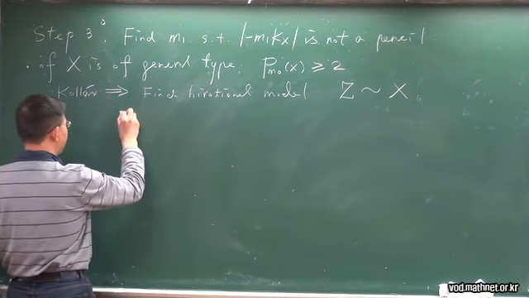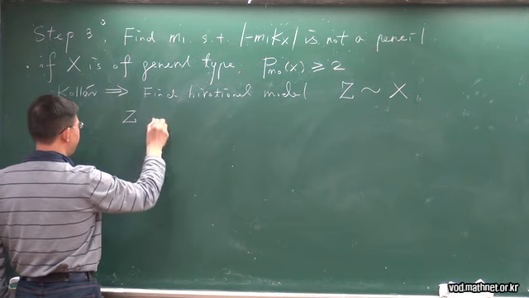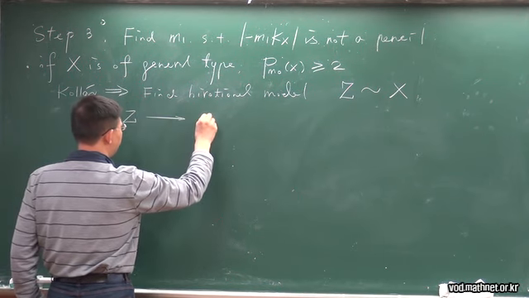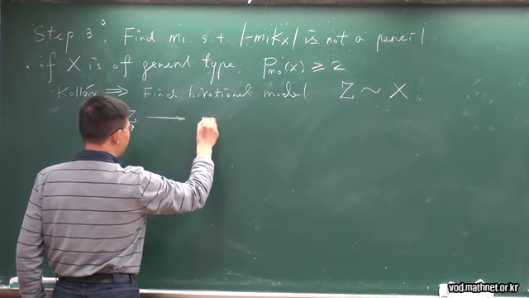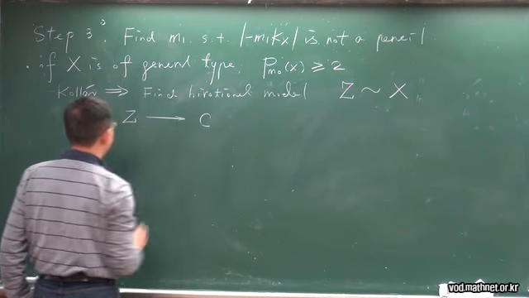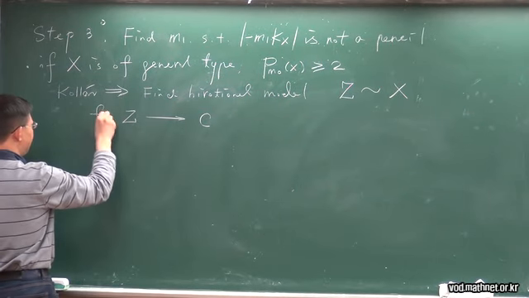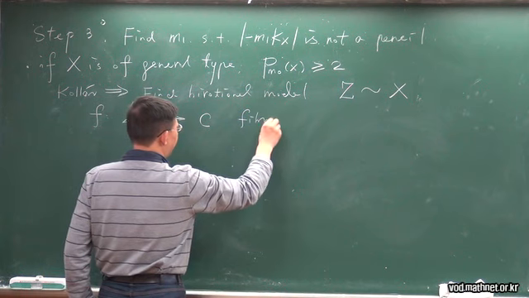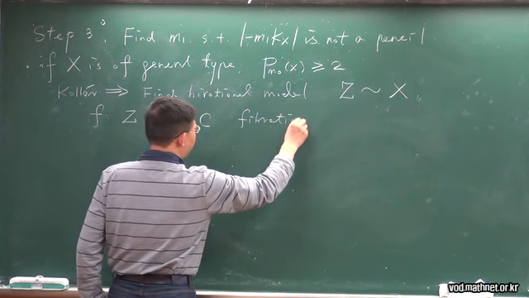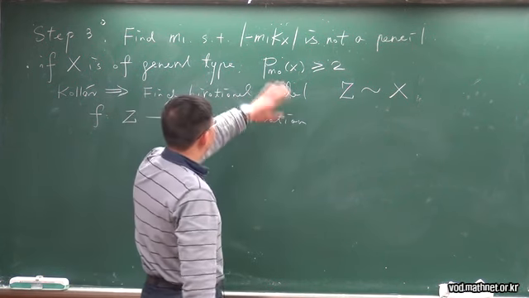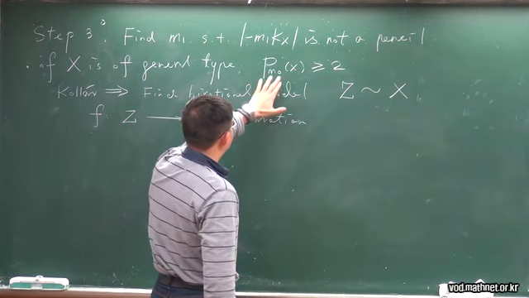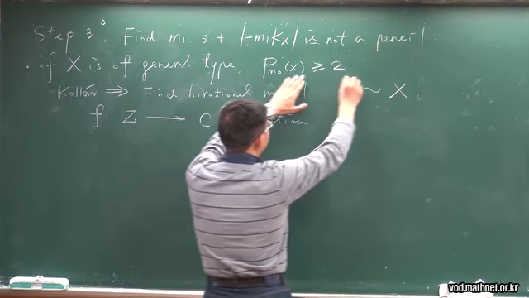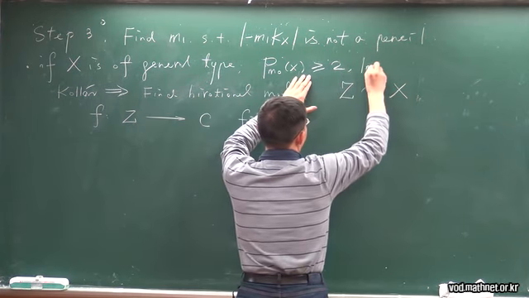And so we have a fibration Z to some curve, say C. Of course we can assume that this is a pencil.